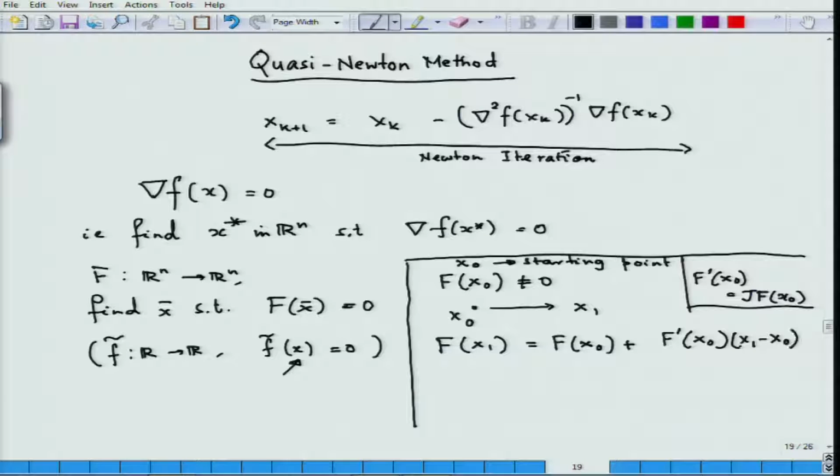It is not exactly a Taylor's expansion, because I have ignored the error term, which I am ignoring.